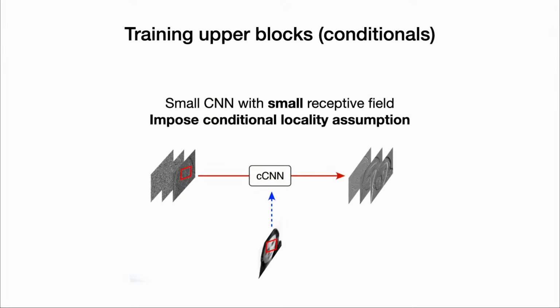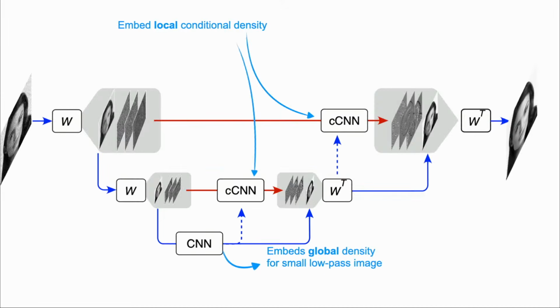We take the output of the global model, concatenate it with the noisy details that go in, and train the model to denoise the details. Now we can put everything together and make a UNet where the front end is linear and the denoisers are nonlinear. In the bottleneck, we have a CNN that embeds the global density for the low-pass image, and we have all of these conditional CNNs that give you the probability of the details.